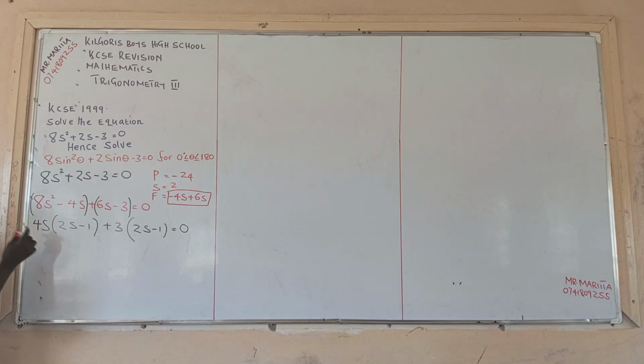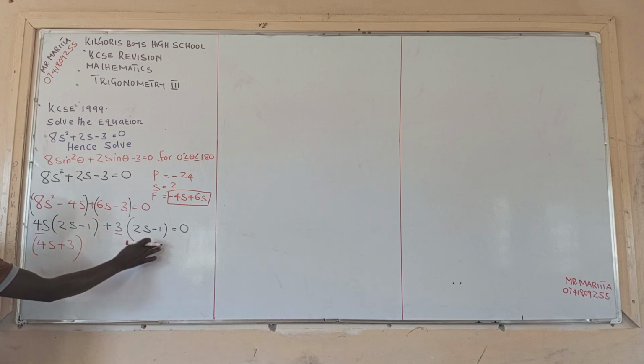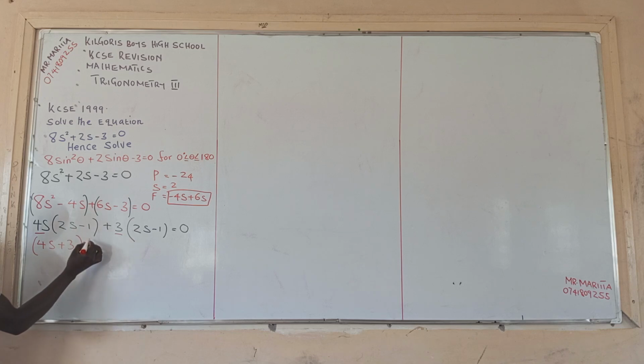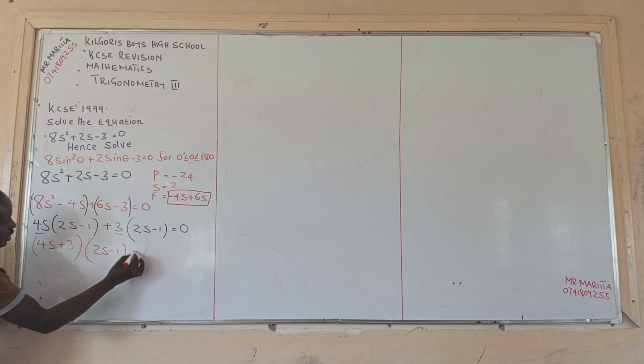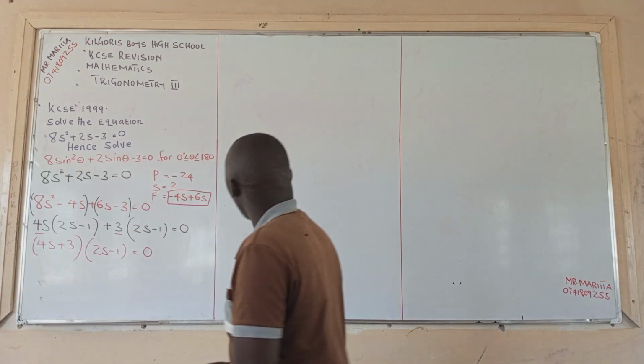So we can have 4s plus 3, 2s minus 1, they are the same, so you pick 1. So we have 2s minus 1, and therefore this one is equivalent to 0.